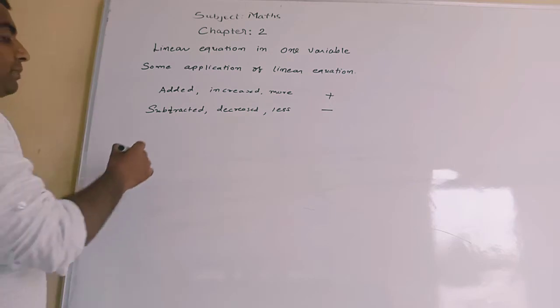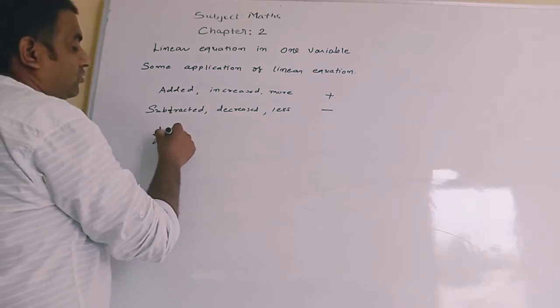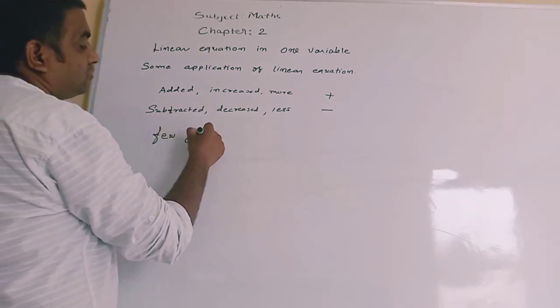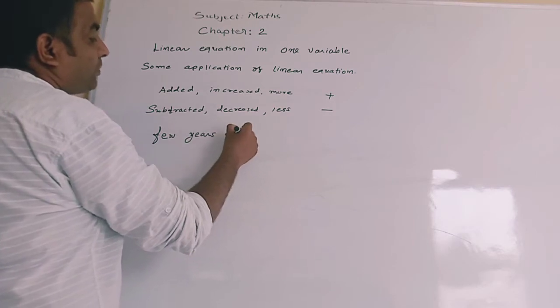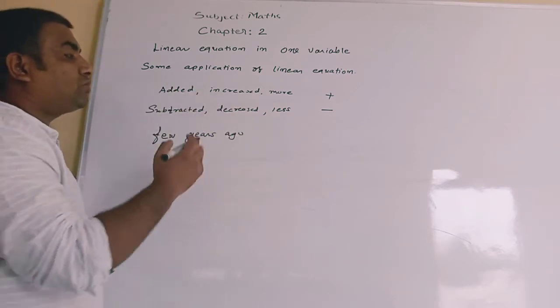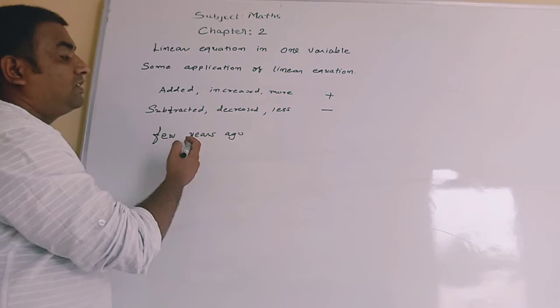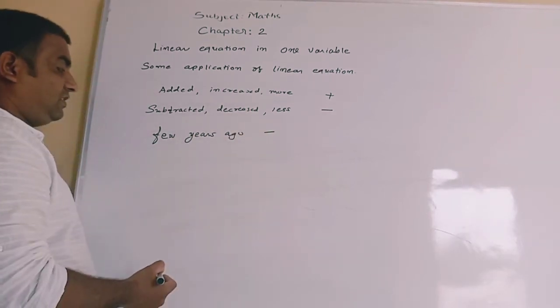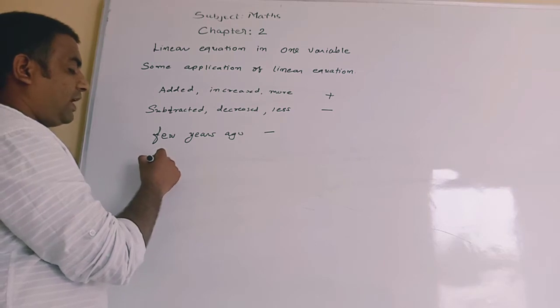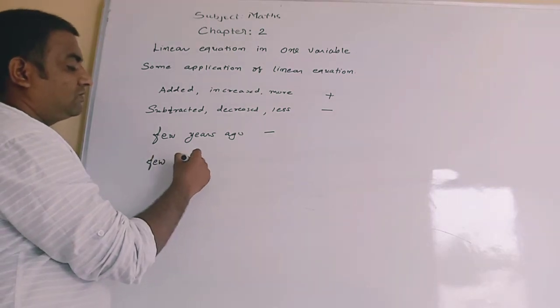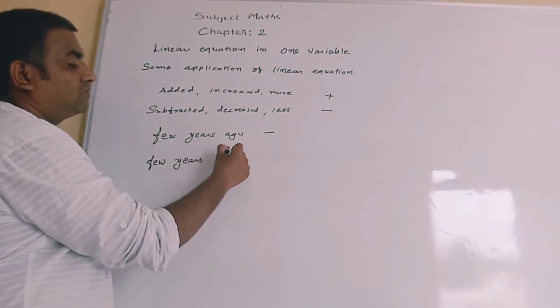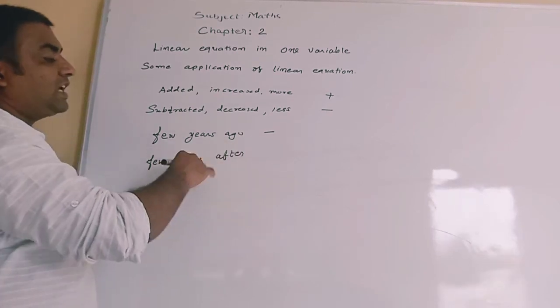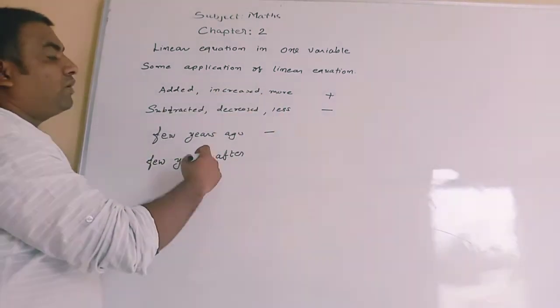If it is 'few years ago', so few years ago means to go into the past, and if we want to go into the past, then we have to subtract. And 'few years after' means we have to go into the future.